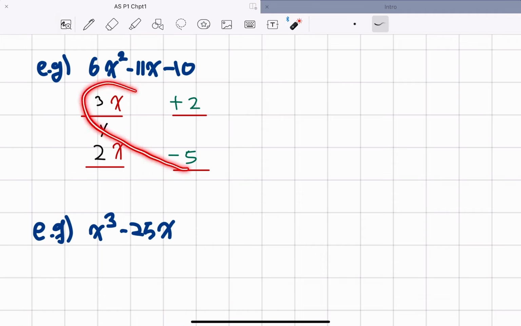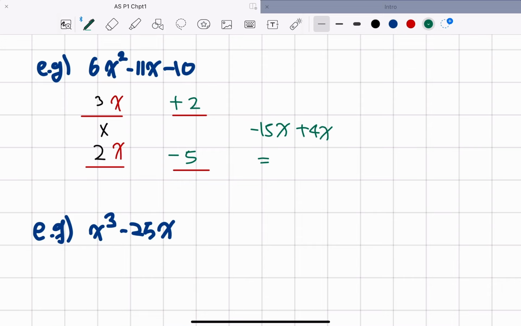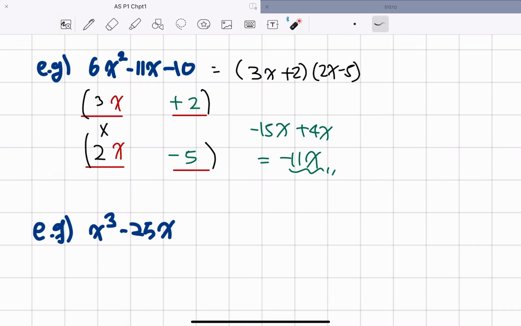So 3x times minus 5, which is minus 15x, and 2x times 2, which is 4x. Then we can make minus 11x. So we can just take brackets like this, and we can write out the answer as 3x plus 2 times 2x minus 5.